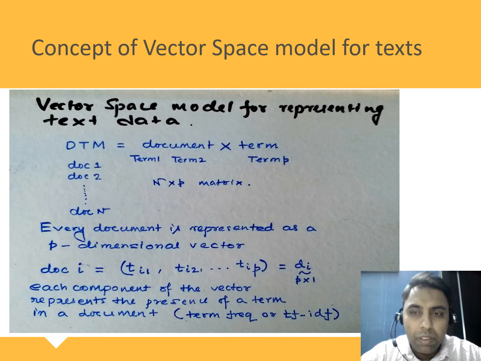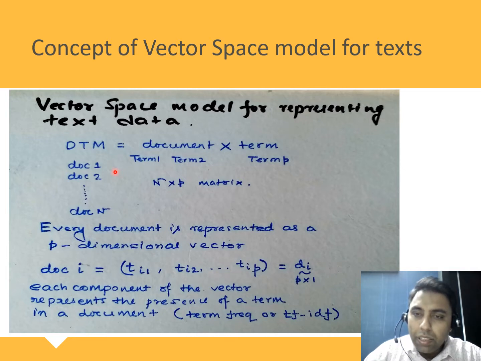derives its concept from something as fundamental as the document term matrix, right? So we looked at the document term matrix representation, and we have looked at it multiple times through this training.